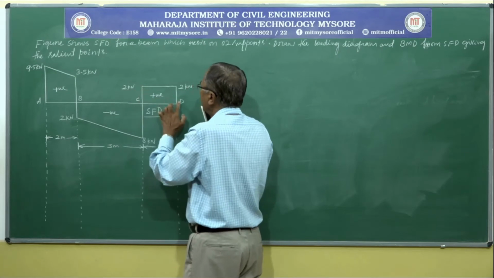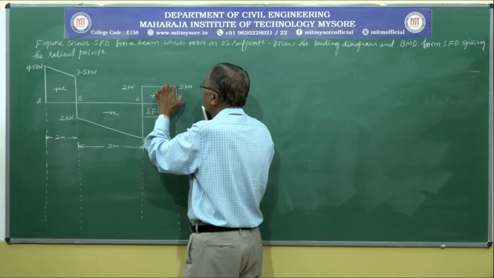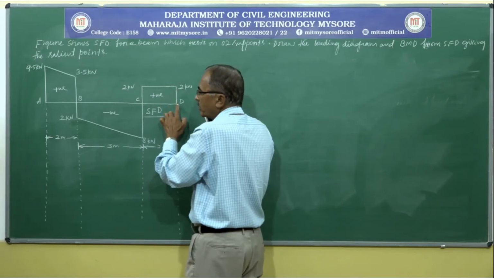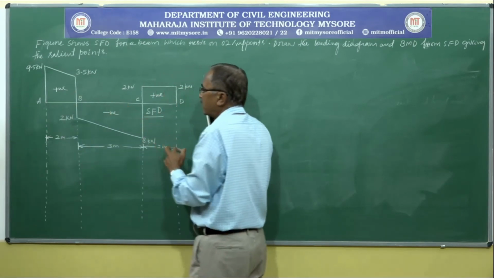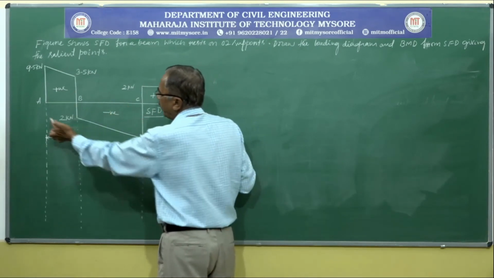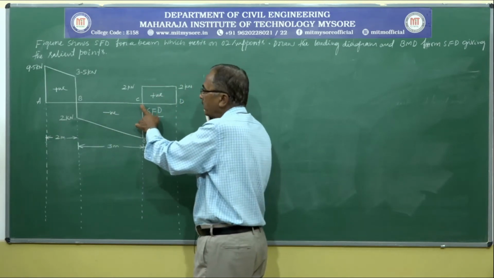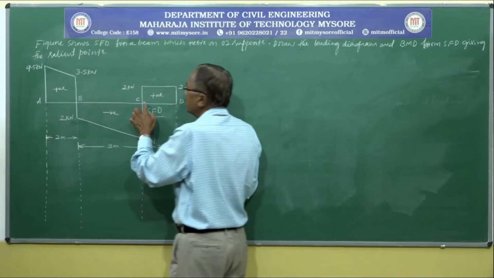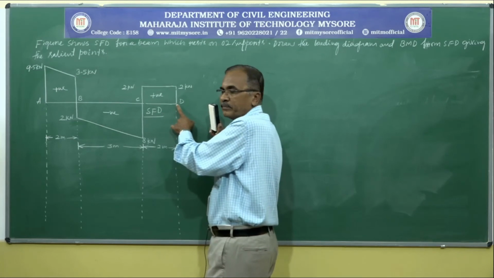Between C and D the horizontal line means no load. At point D we can see a downward movement, point load. Based on this we can easily say that the beam is supported at point A and point C, and it is subjected to uniformly distributed load between A and C and a point load at point D.